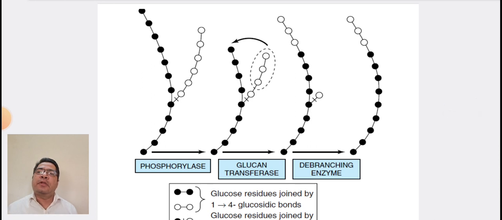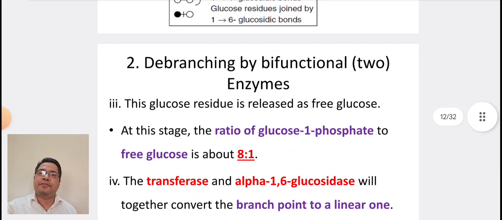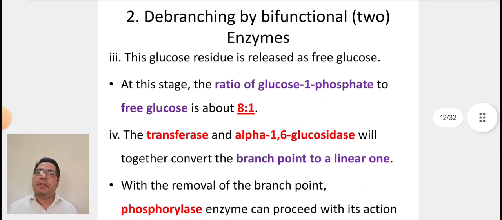Here we can see the glycogen molecule is acted upon by phosphorylase, then by glucan transferase, and finally by the debranching enzyme. The glucose residue is released as free glucose.